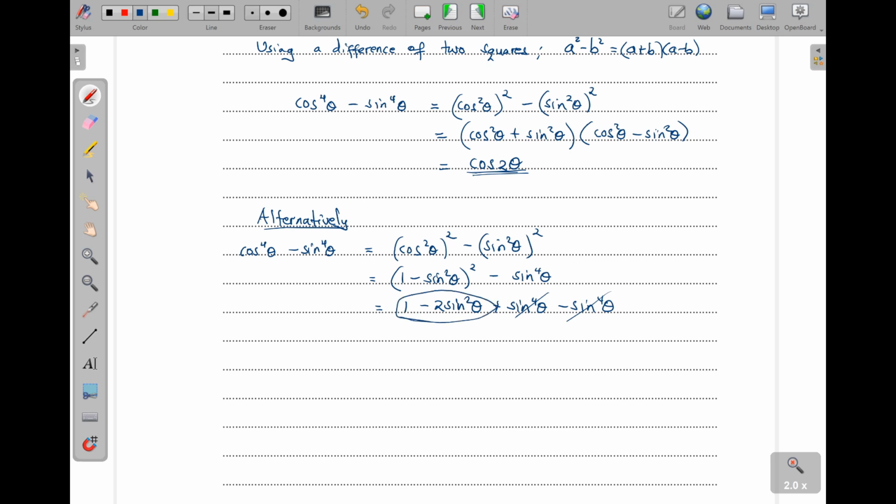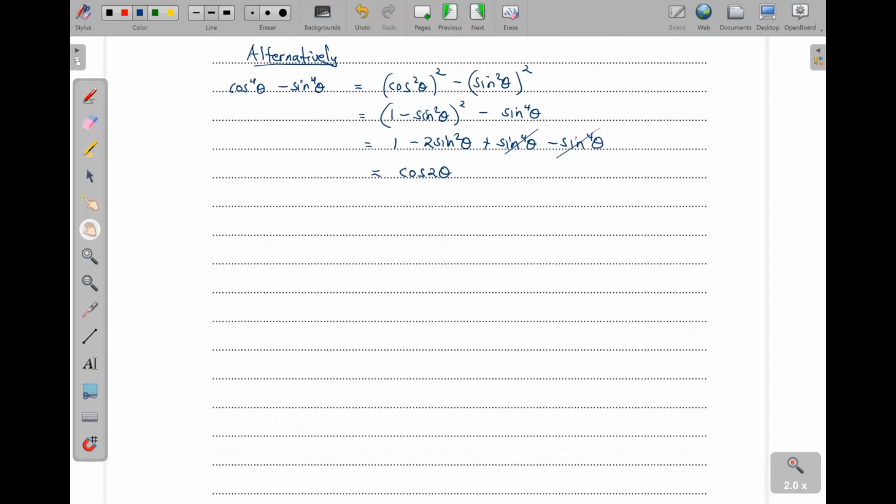So cos 2θ in terms of sin θ is 1 minus 2 sin²θ. Check the list of formulae, it is there.